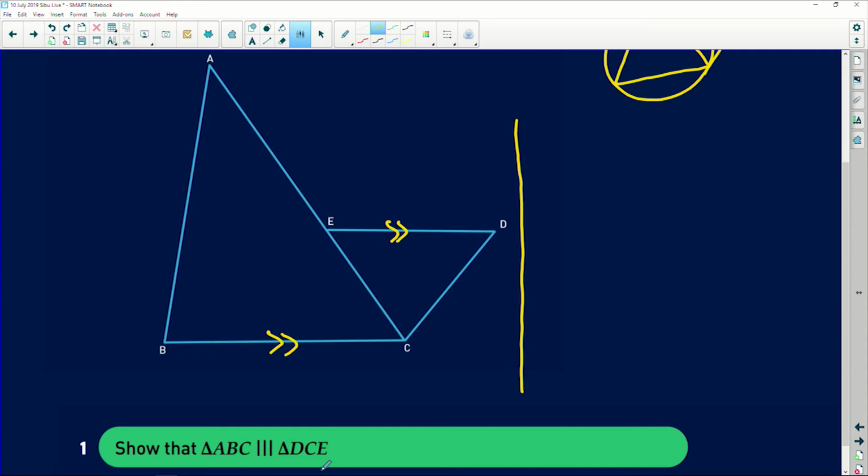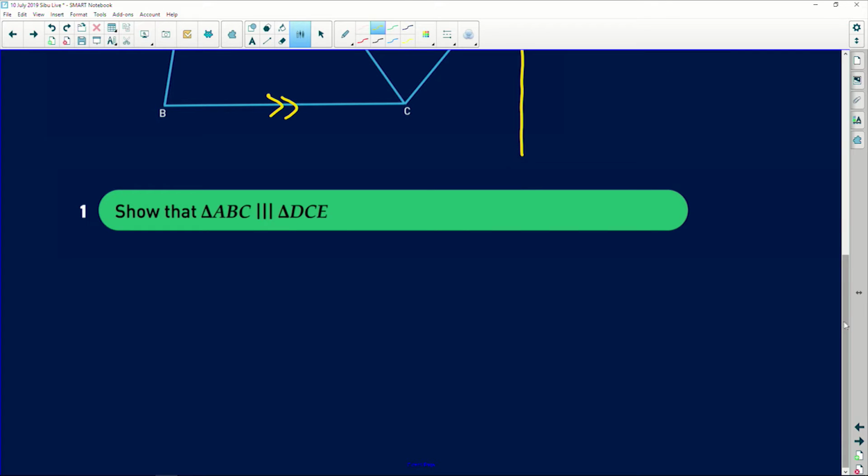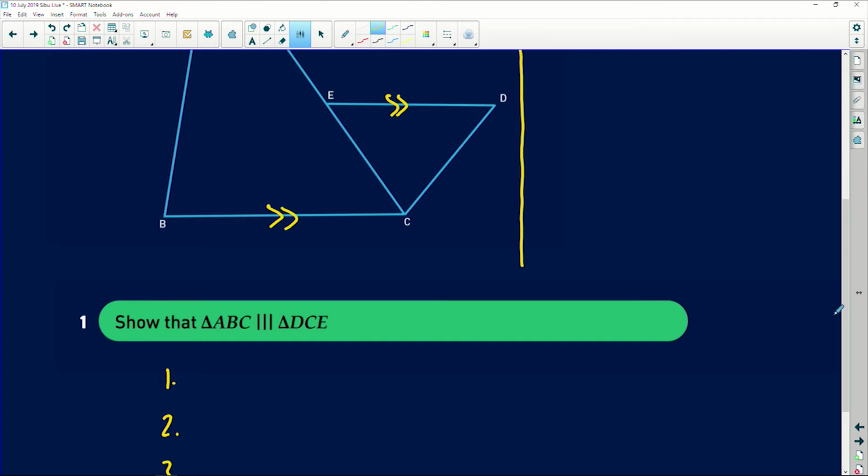So now you need to find three things that are equal in those two triangles, and then that will be conclusive proof that those two triangles are indeed similar to each other. So let's try and find those three things. Number one, number two, number three. You can find them in any particular order. First of all, you can see that angle E will simply be equal to angle C in the other triangle.